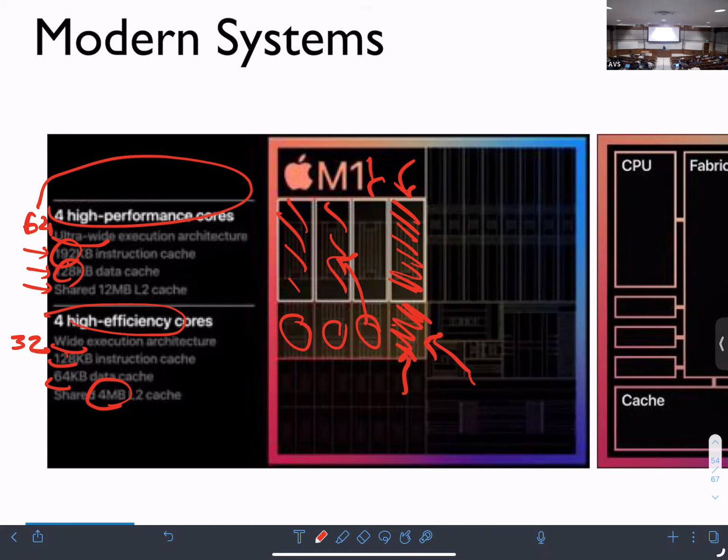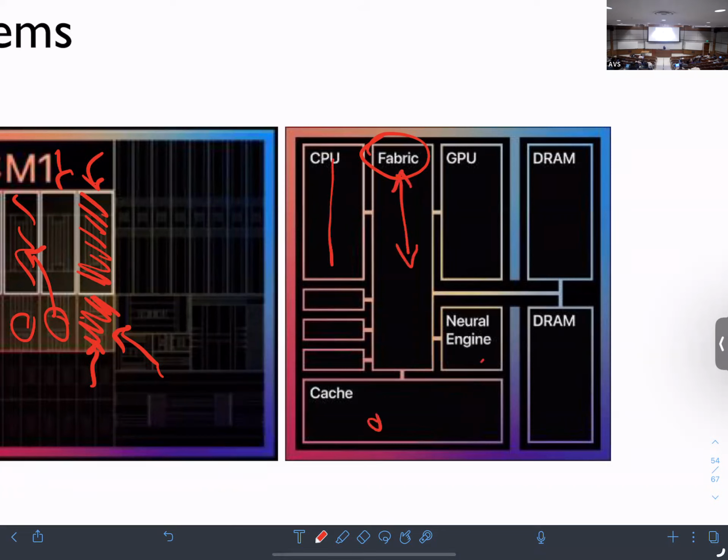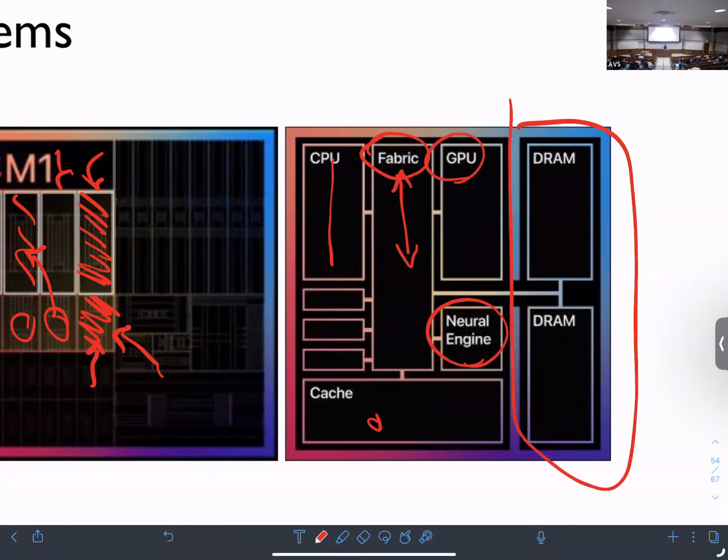Okay, and then this is the entire SoC. If you remember, I told you about Moore's law and said that basically these days people can put more things into the same chip. So this fabric is basically that bus that we talked about in the class. You see that there is CPU, there is cache, there is a neural engine, there's GPU. And then you see that the memory is actually also part of the same silicon.